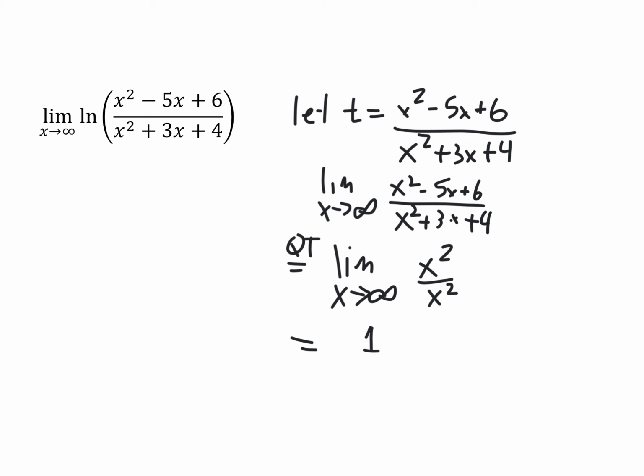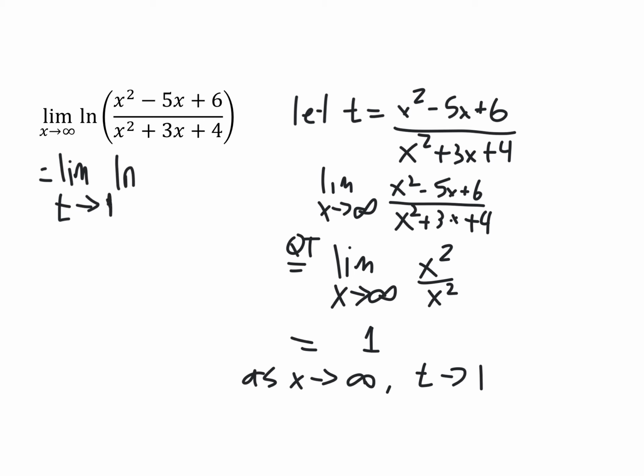And so this inside part is going to limit to 1. This means that as x approaches infinity, t is going to approach 1. So then we have the limit as t approaches 1 of ln t, which will just be equal to ln of 1, which we know is 0.